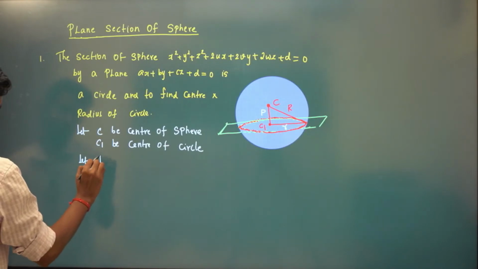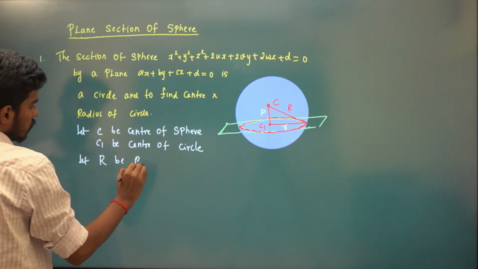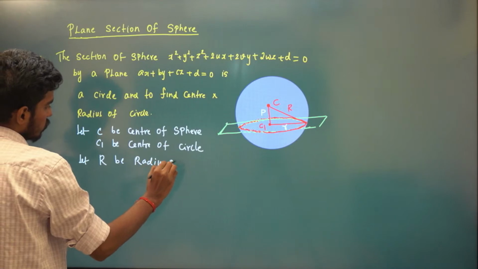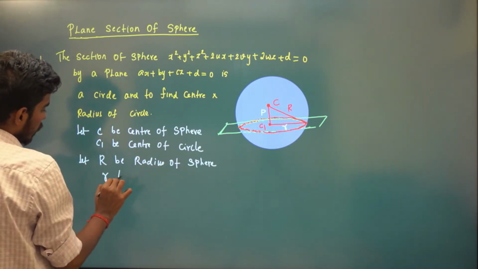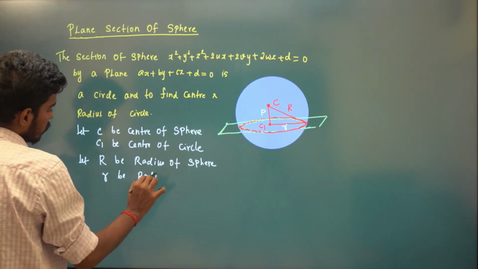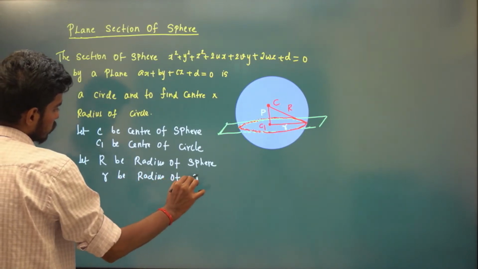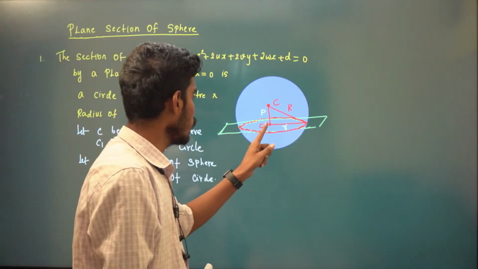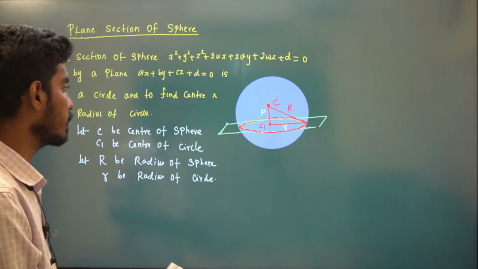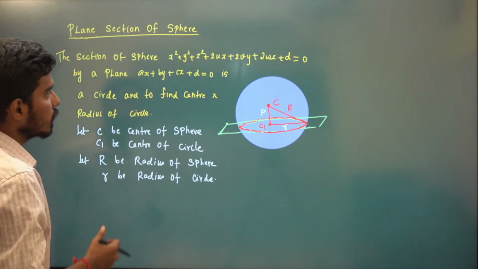Let capital R be the radius of the sphere and small r be the radius of the circle. How to find the center and radius, that is the next question, and we're going to do this with the help of a problem.